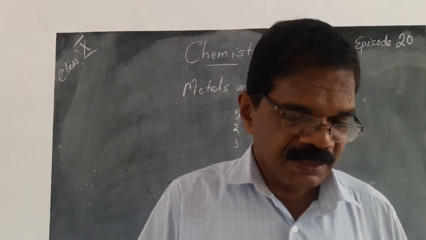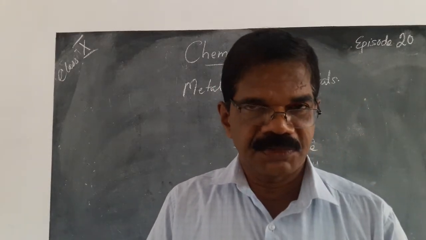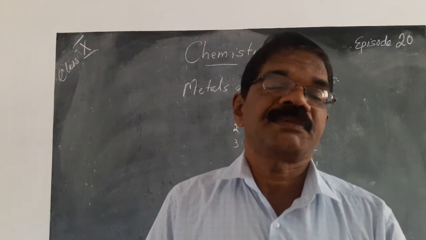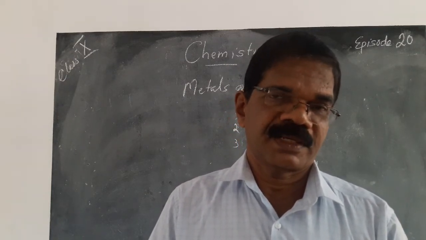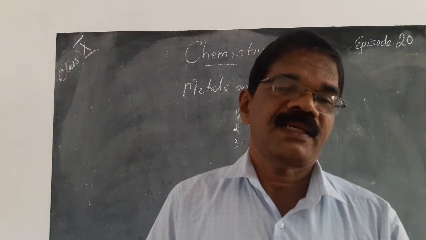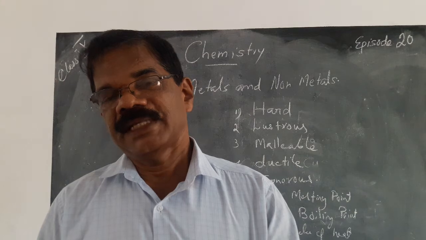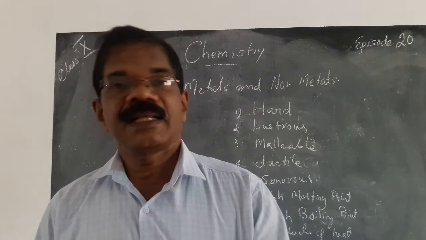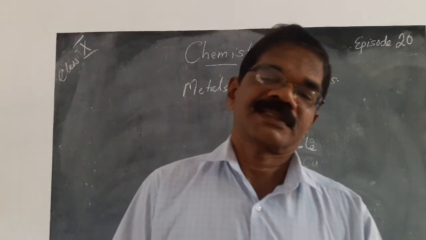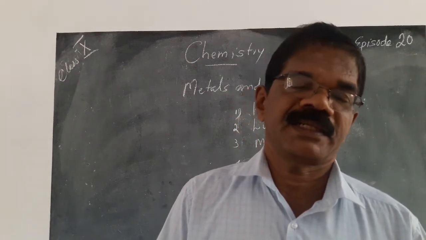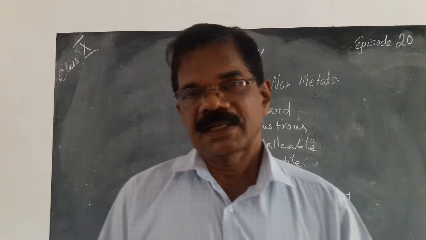So there are three things you have to remember. First, the two soft metals, sodium and potassium. Why are they kept in kerosene? They react with oxygen and water present in the air, so they can't be kept in air or in water. You can keep them only in kerosene.